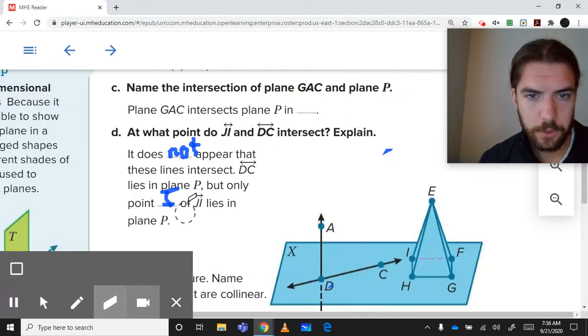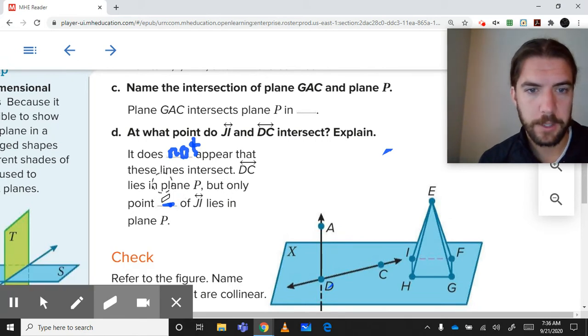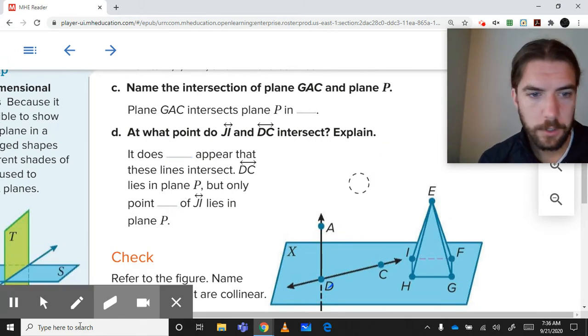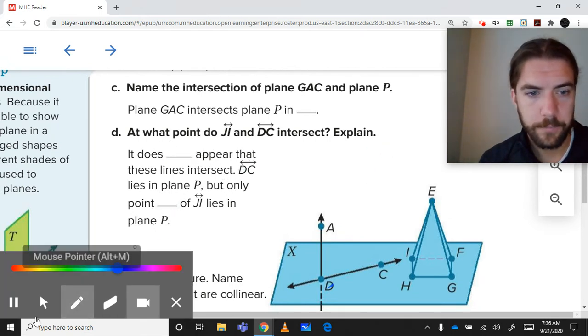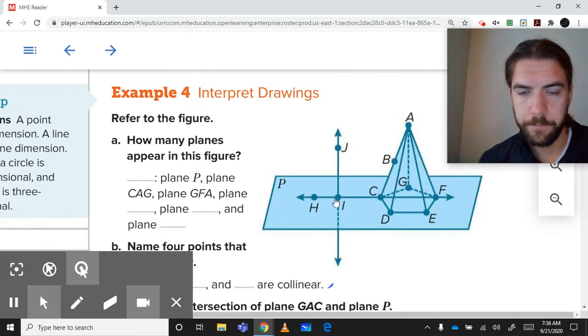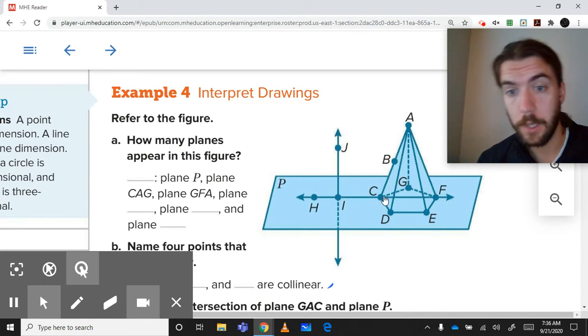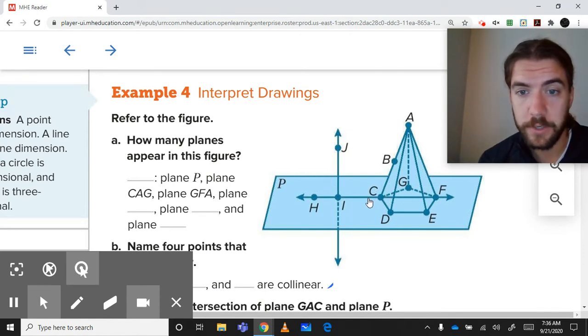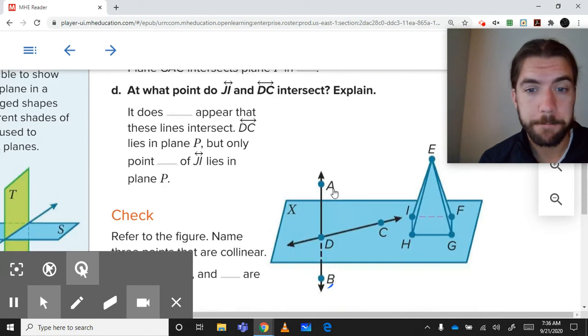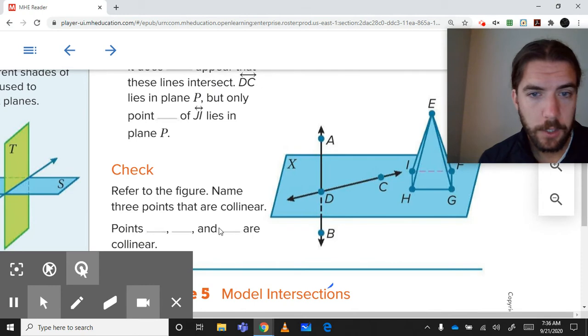I'm not sure that really matters that only point I lays in that plane. You could have point I in that plane if we shifted this vertical line over, so that I was on the same point as C. Well, we wouldn't have any problem. There'd be an intersection. But the real problem is that they don't overlap in any way. So there is no intersection.